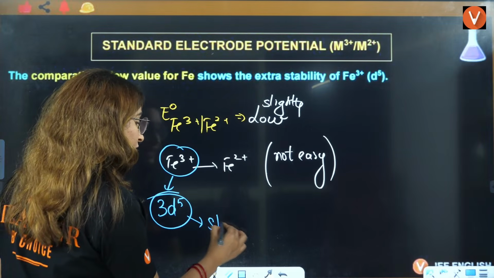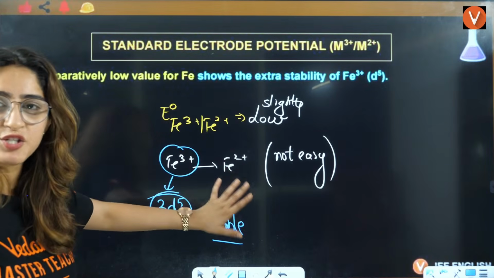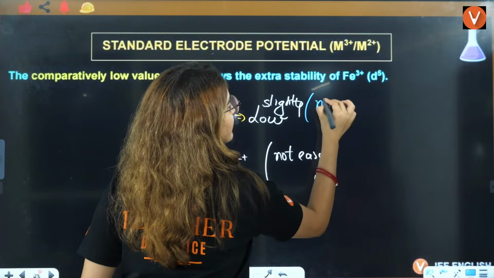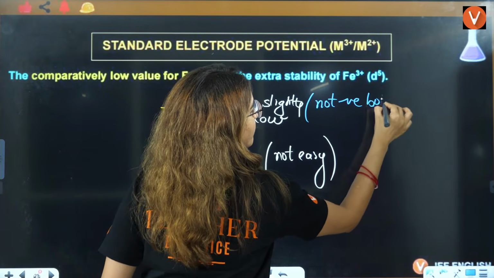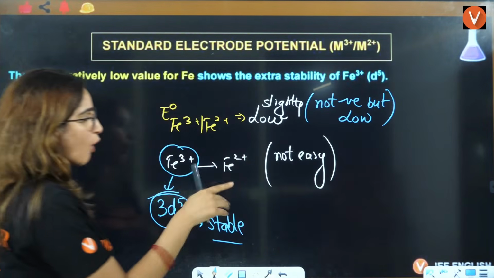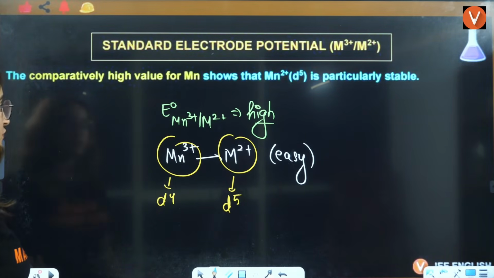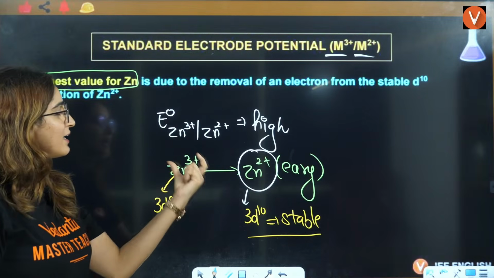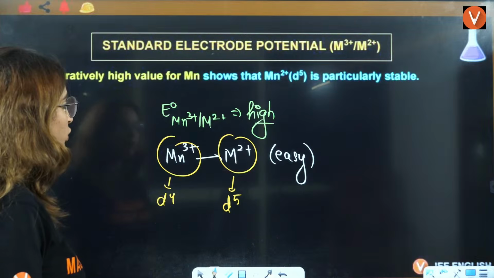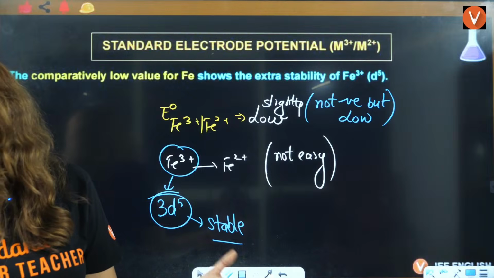That's why it is very difficult to convert it into Fe2+, but still it's possible. It's not a negative potential, but low. That's why it's not impossible to convert it. For example, here Zn3+ was very, very difficult and highly unstable. Here Fe2+ is not highly unstable, but it's also not that stable.